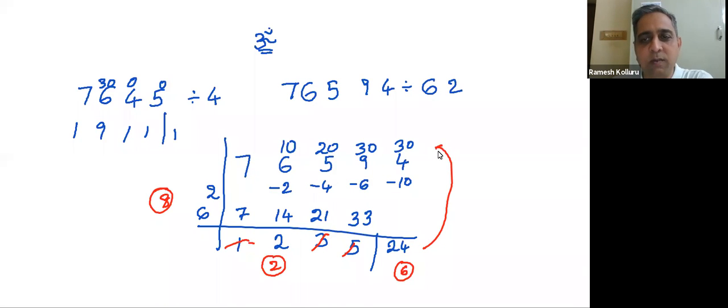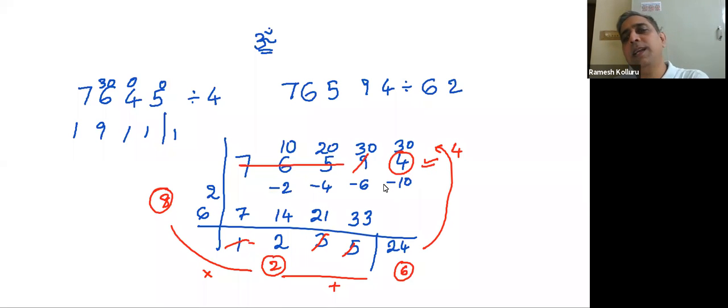So the final one should be 4, because 16, this is multiplication and this is addition. So 16 plus 6, 22, which is 4. So 5 cut, 9 cut, 5, 6, 7 cut. So 4 remains. So 4 is my verification, digital root is verified. So my answer is correct.